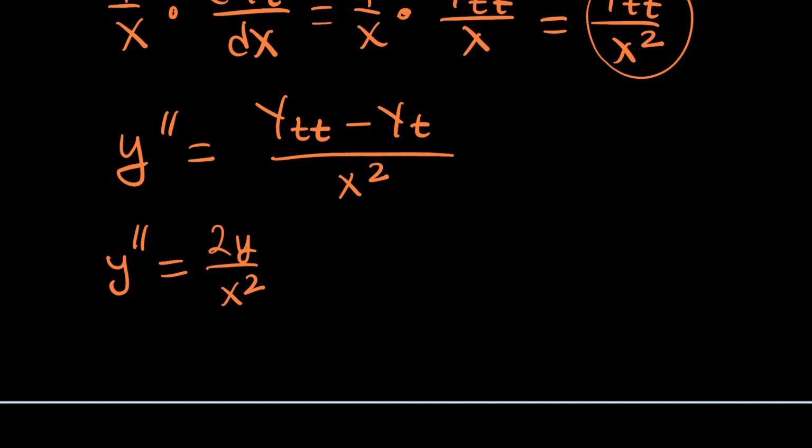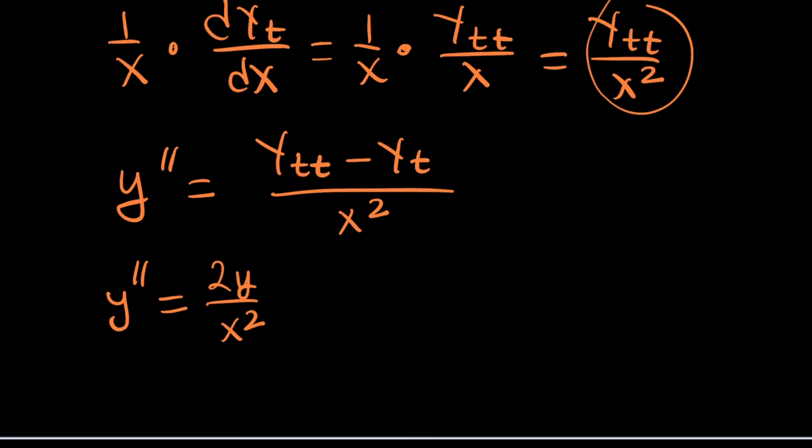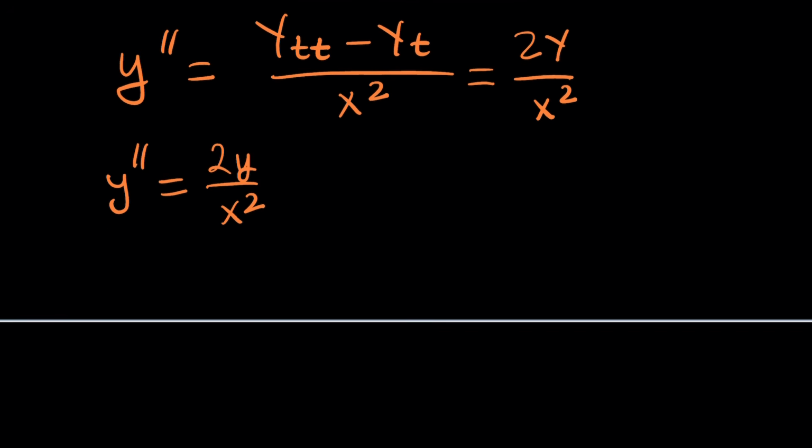So now we're going to go ahead and write this as follows. From here, obviously, this is going to give us 2 times big Y over x squared, and we're going to multiply both sides by x squared, and that's going to give us big Y of tt minus big Y of t is equal to 2y.